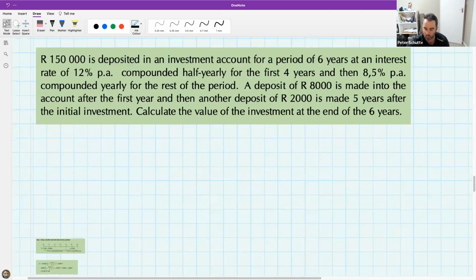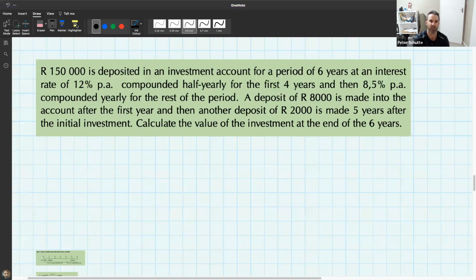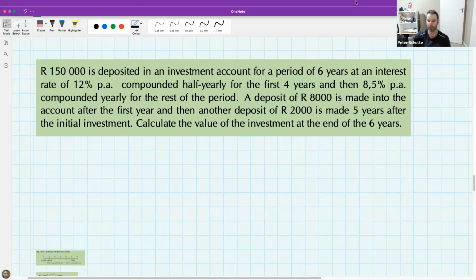So, what you have is 150,000 is deposited at the beginning, and I'm going to push you guys because you are doing well here. So see if you can do this one. In fact, I'm going to let you fly solo. I'm going to give you 3 minutes. Do what you can in terms of how you think you would lay this out.